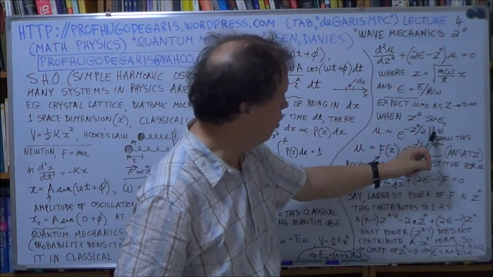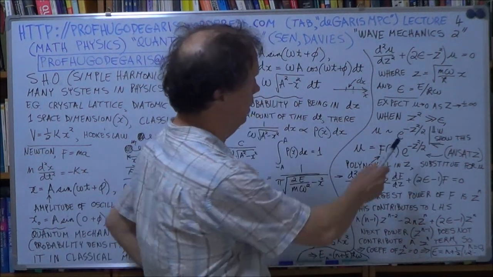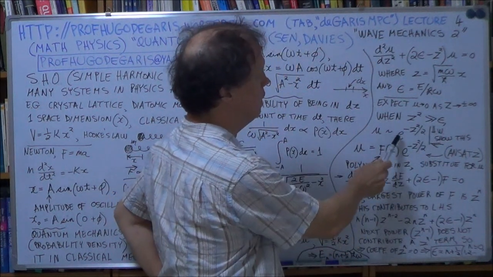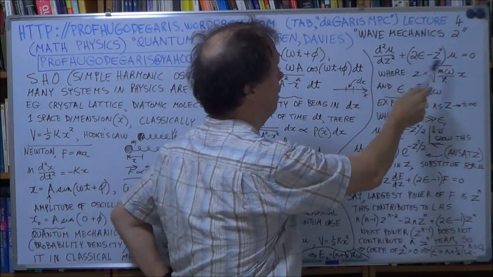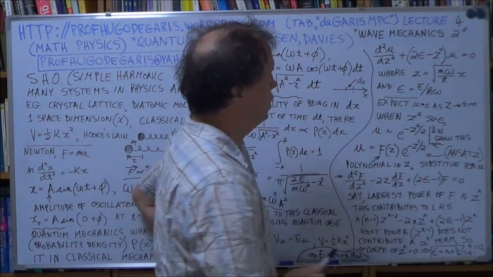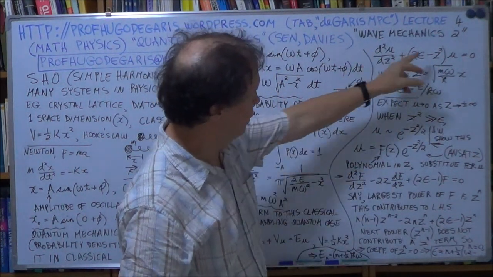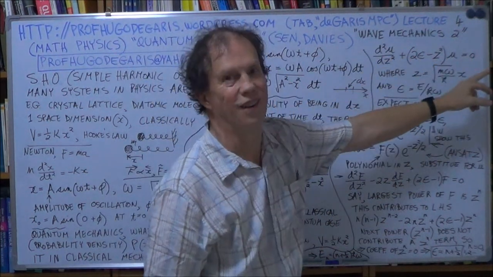Now I've asked you homework, show this. So what I'm asking you to do is substitute this e to the minus z squared over 2 into your equation here. Forget about this, because we're assuming z is very large, and eventually, if you solve it, I did it, you'll get u equals naught.